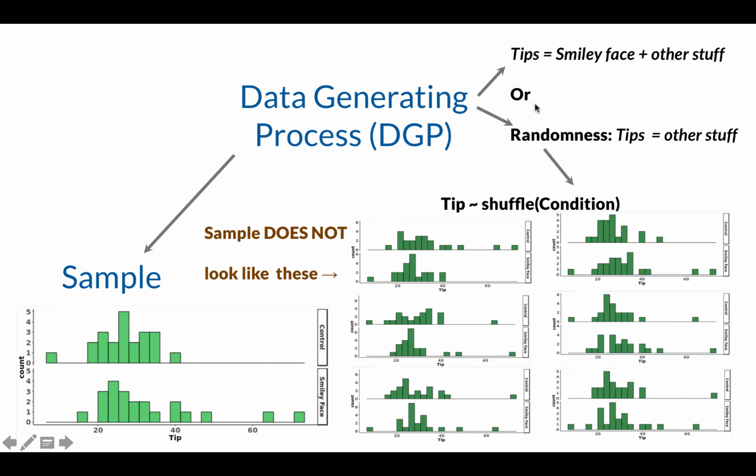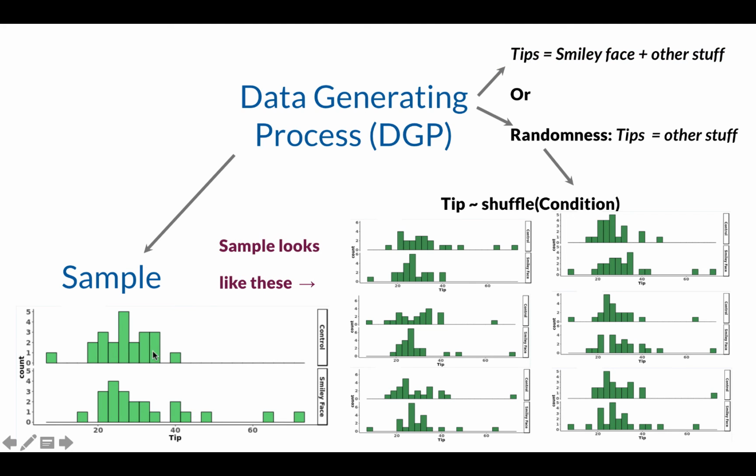And so when we rule that out, it kind of gives some space for this theory to become a contender. Now, we don't know for sure that smiley face still had anything to do with it, but because we could rule out randomness, we could start to consider other data generating processes, such as smiley face being involved.